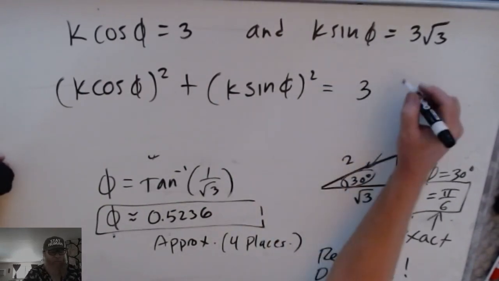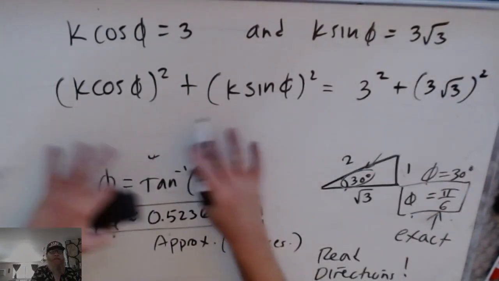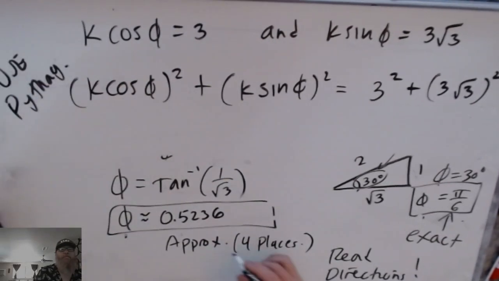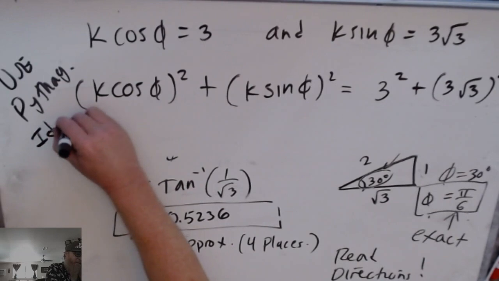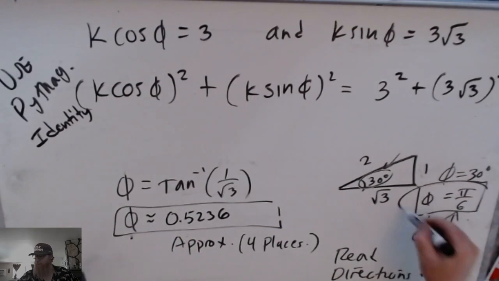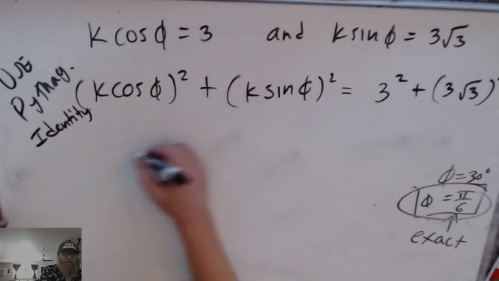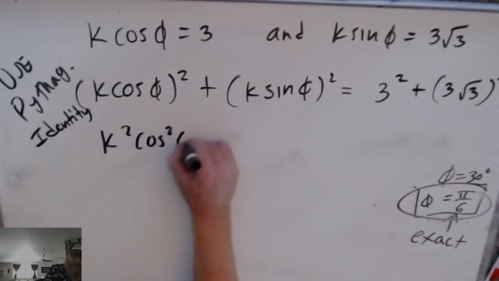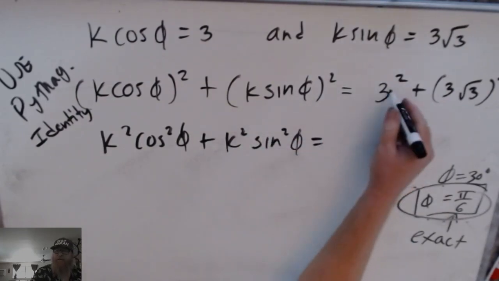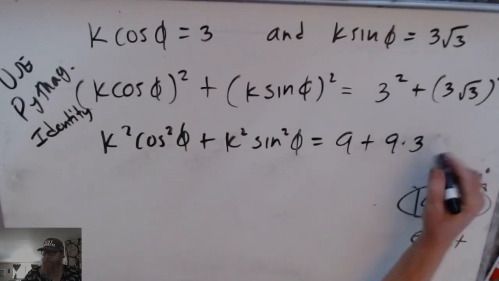And we're going to get 3 squared plus 3 root 3 squared. Use the Pythagorean identity. I better write this down here. We'll keep the exact answer, and I'll erase my approximation. So we have k squared cos squared plus k squared sine squared equals 9 plus 9 times 3, or 27.